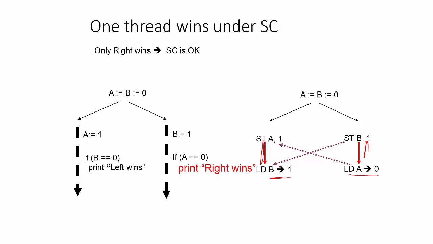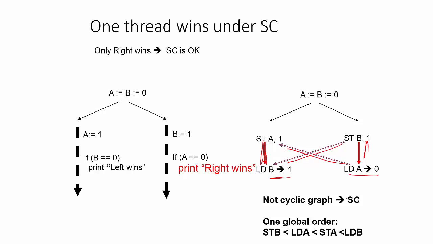That means that it happens after the store of B here. And so see here now that we have a graph which is not cyclic. There is no cycle in this graph. And that means we obey sequential consistency. There is one global order where this can happen. For instance, storing B here, loading A here, storing A here, and loading B here. So this order will lead to this execution.